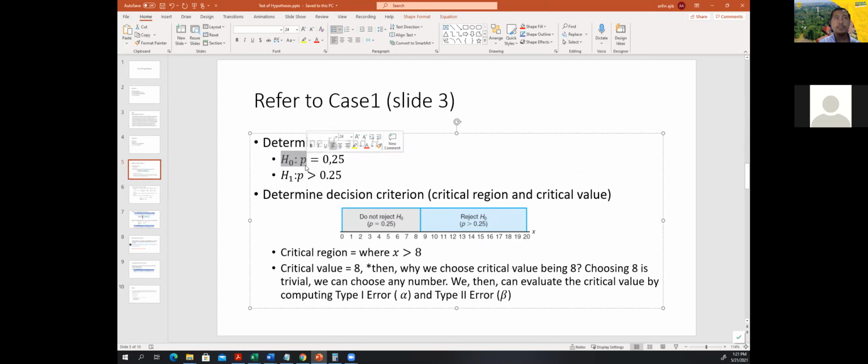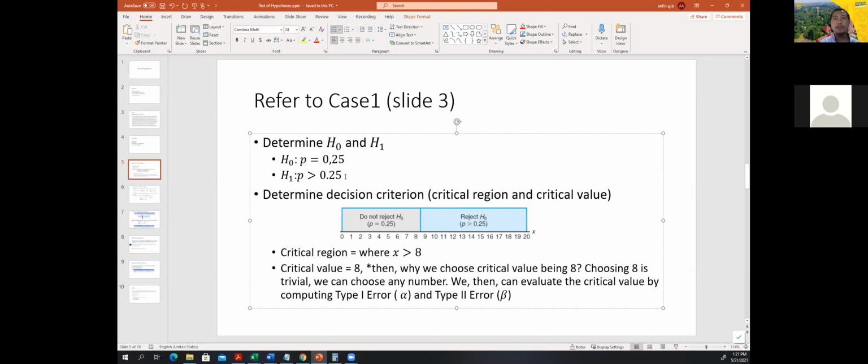The null hypothesis states that the effectiveness of the vaccine is only 0.25, or 25%. And for the alternative hypothesis, the probability is greater than 0.25, or greater than 25%.